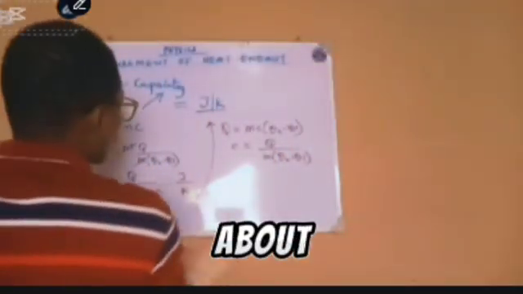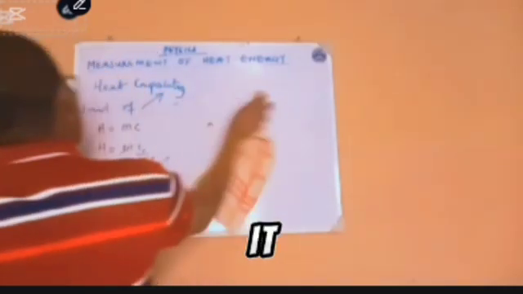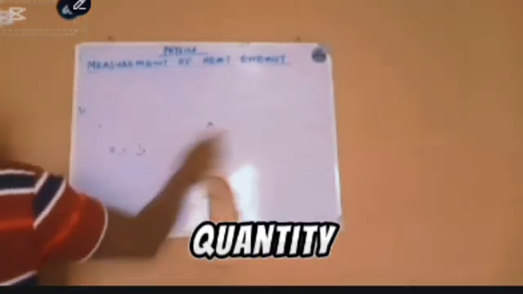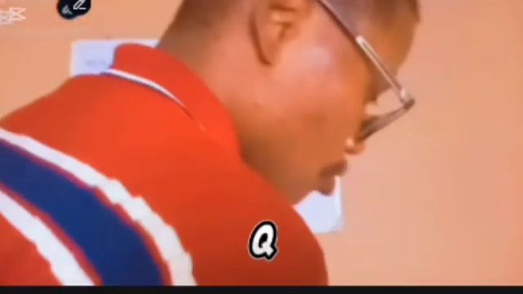So in all of this, we can now talk about quantity of heat. Quantity of heat, I am going to represent it with Q, while some textbooks use another alphabet.